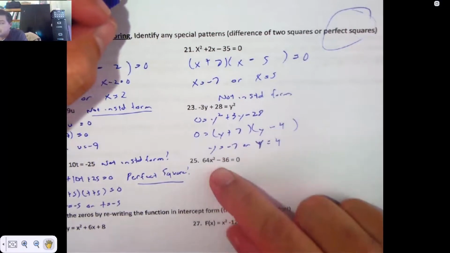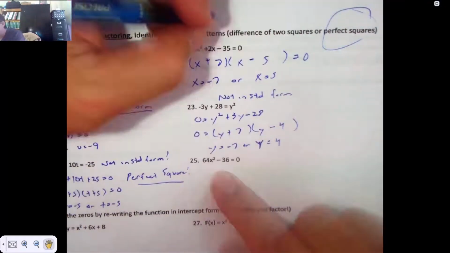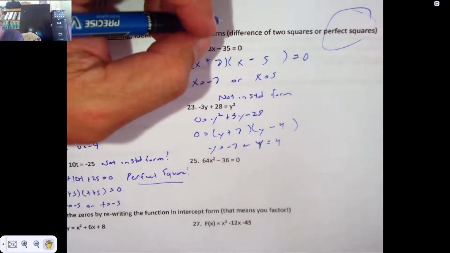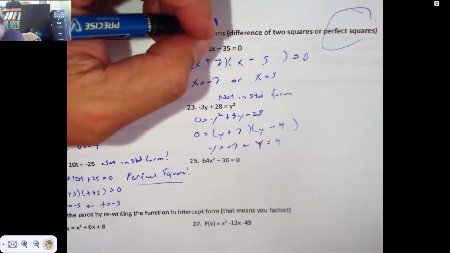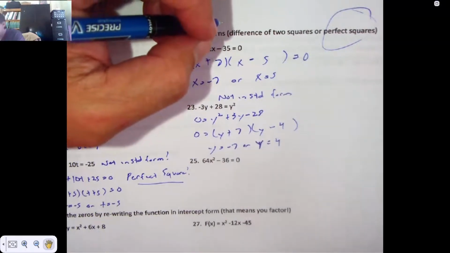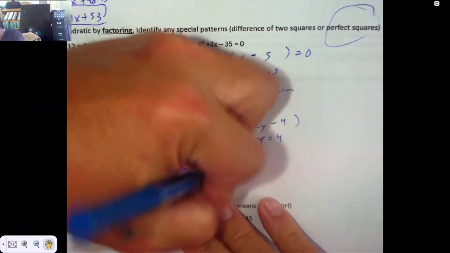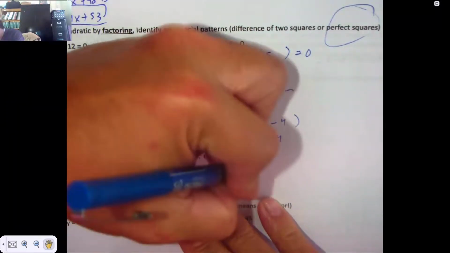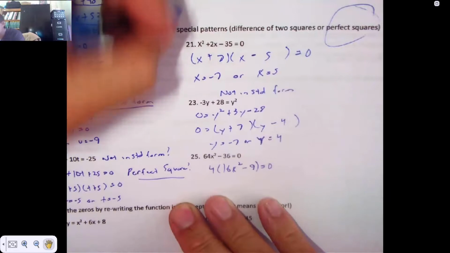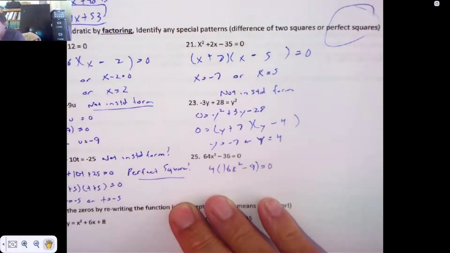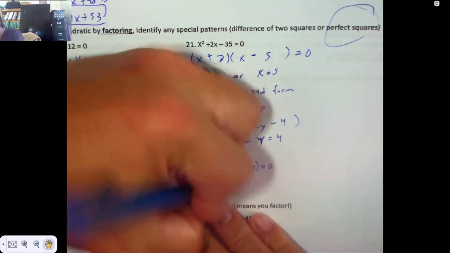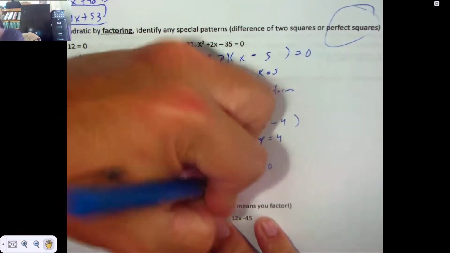That's got to be a difference of two squares pattern. Let's see here. What can we pull out of this to make it simpler? I can pull a 4. If I pull a 4, I'll have 16x squared minus 9. You're supposed to know how to completely factor. To create a 16, I need a 4x and a 4x.